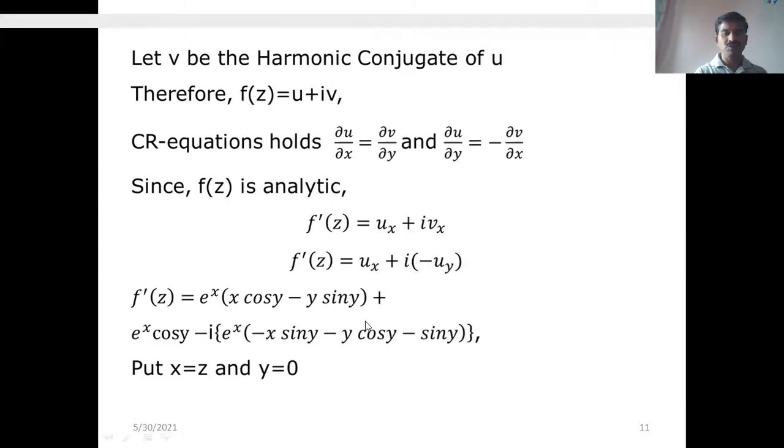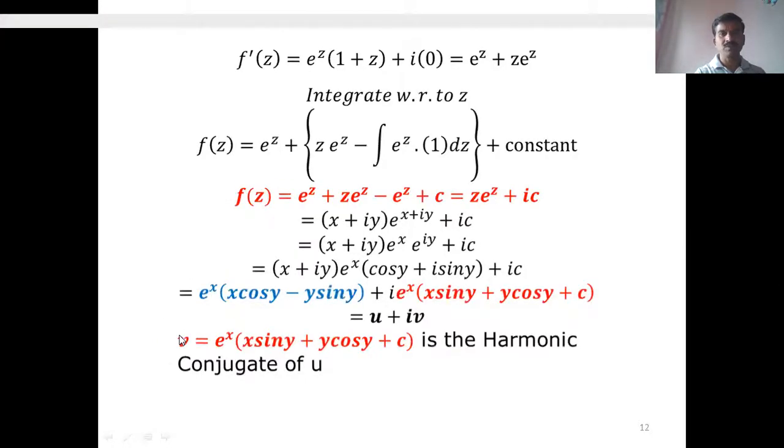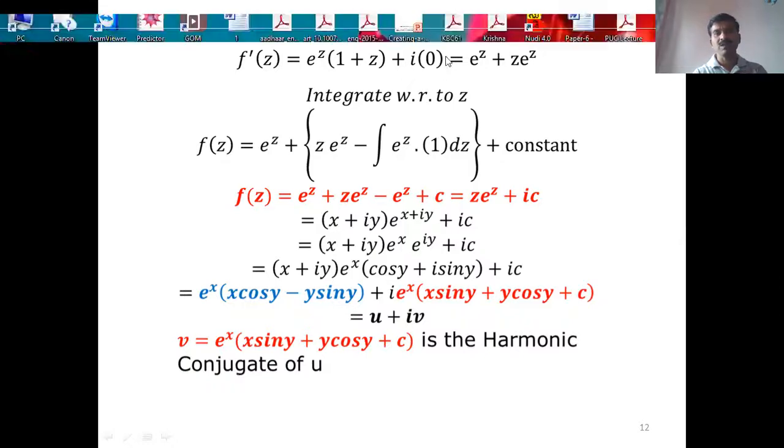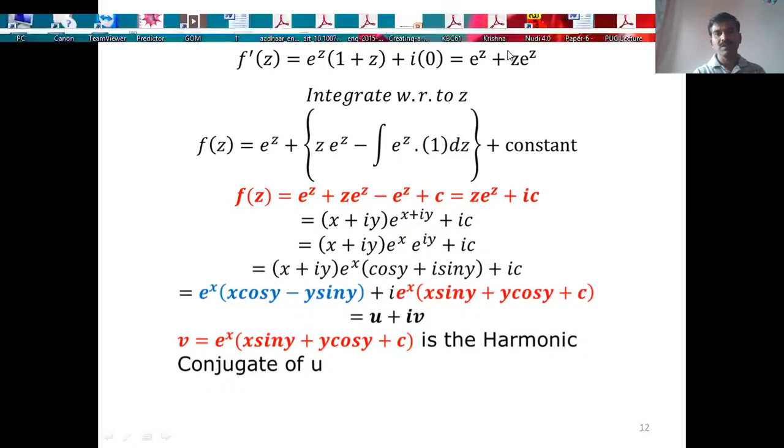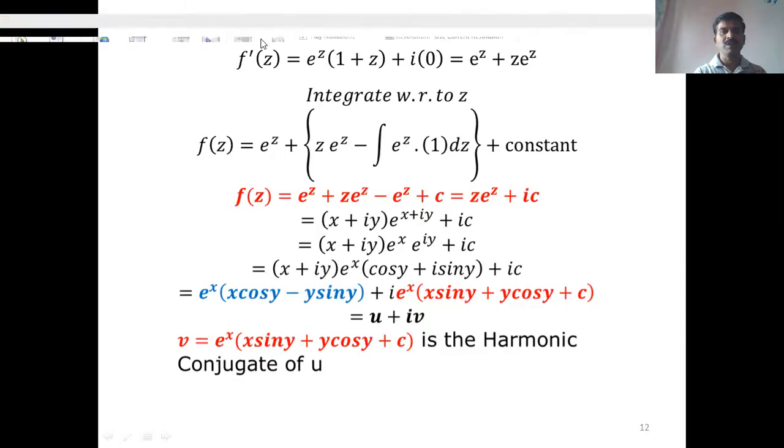So totally this second term becomes 0. Only this term remains, e power z, x replaced by z, and cos z. And also here, e power z cos y. So these two terms only remain. That means e power z into (1 plus z), and all the imaginary terms become 0 there. And this is what we have got as a derivative.